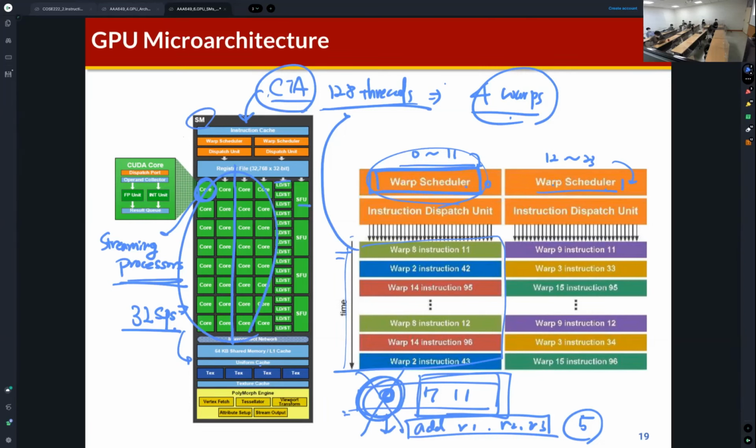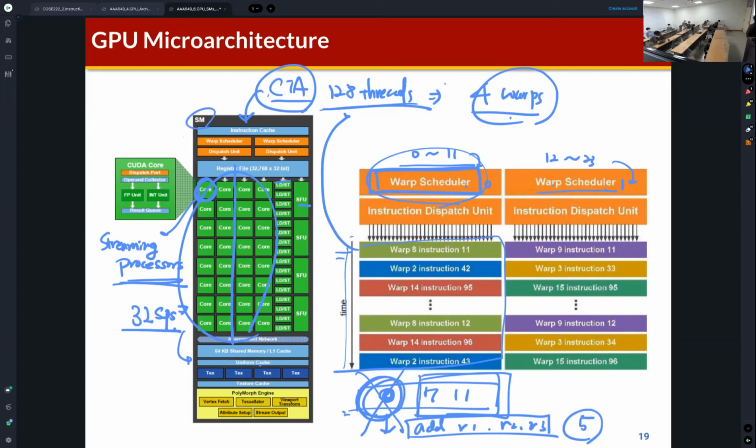So in this case, the warp scheduler selects warp number 7. That's fine-grained multithreading: from the multiple warps, the warp scheduler selects the ready warps.